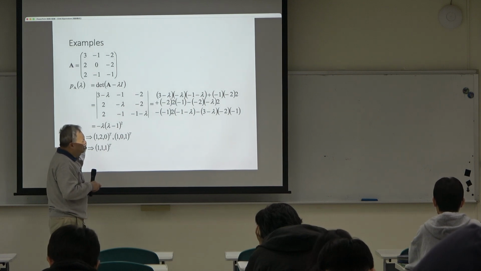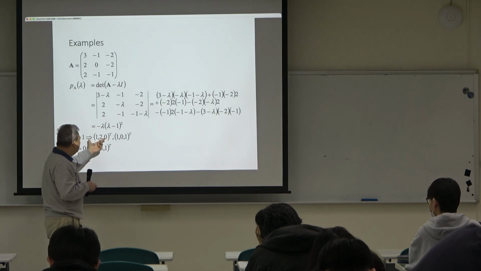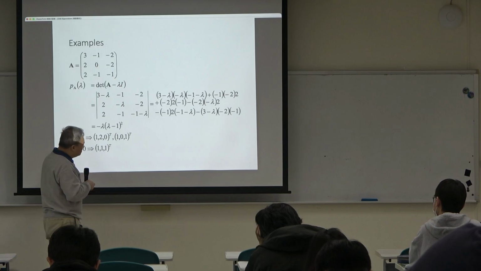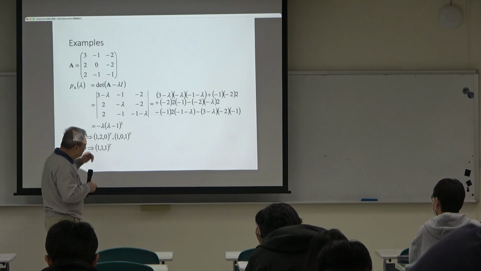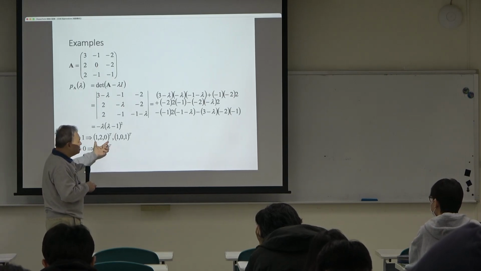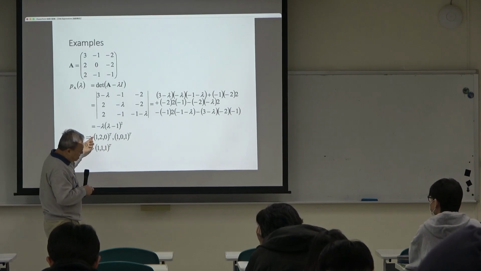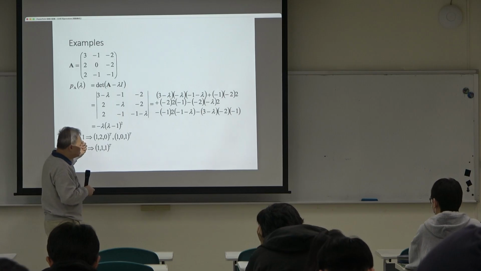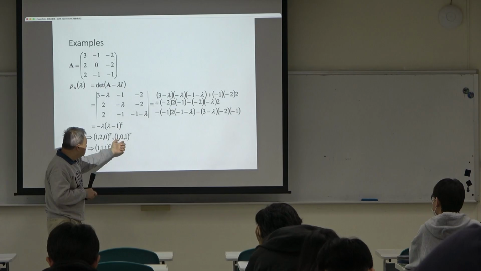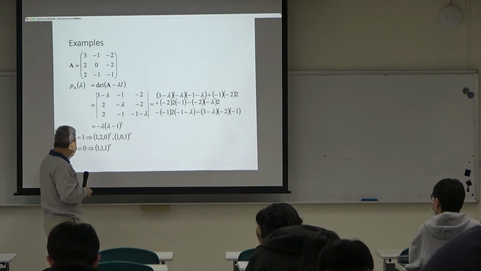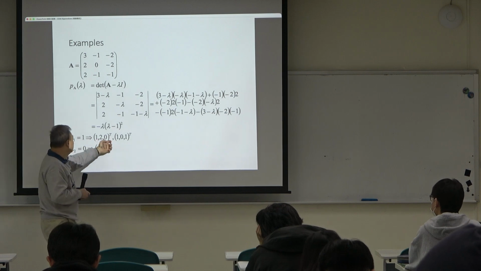I should correct myself: I should say the eigenspace that corresponds to this eigenvalue can be spanned by these 2 vectors. There are many eigenvectors corresponding to this eigenvalue, but they can all be spanned by these 2 vectors. Or you can say the dimension of this eigenspace is 2.